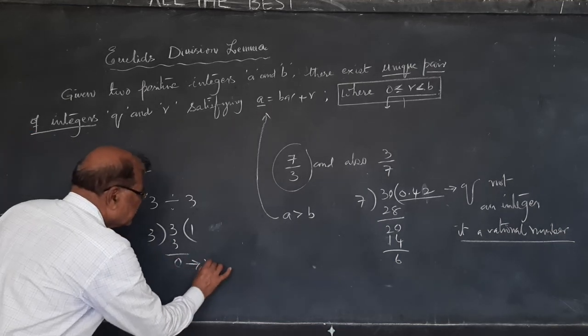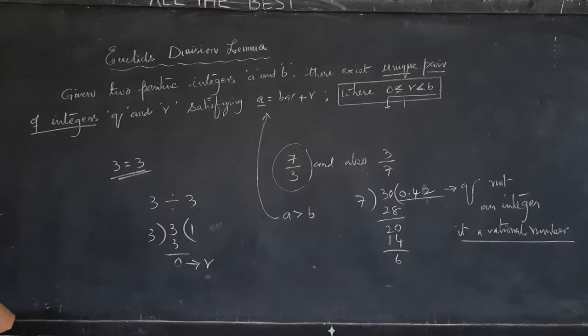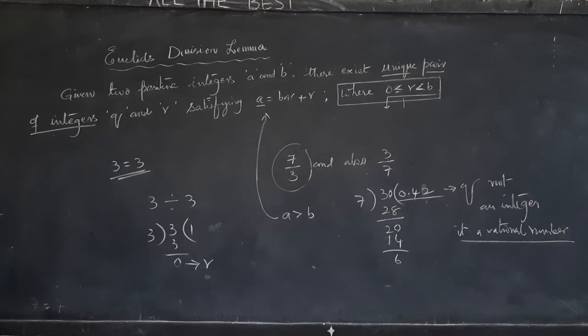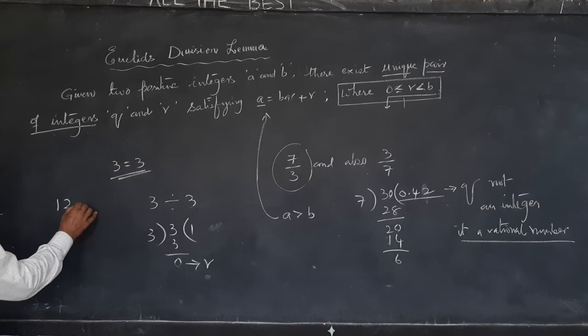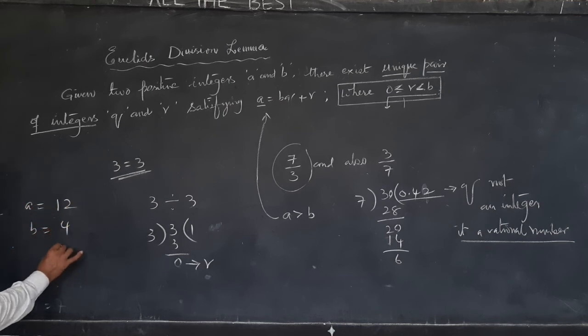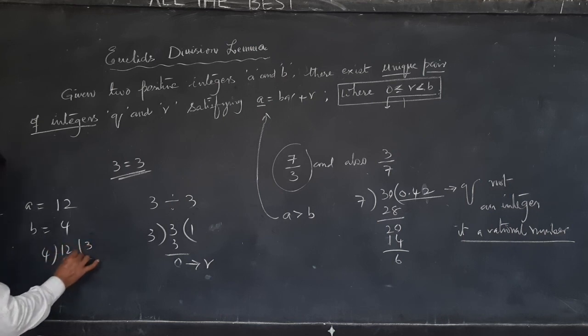I want to tell you one more important relation. For example, take A equal to 12, B equal to 4. 12 divided by 4, 4 threes are 12, the remainder is 0.